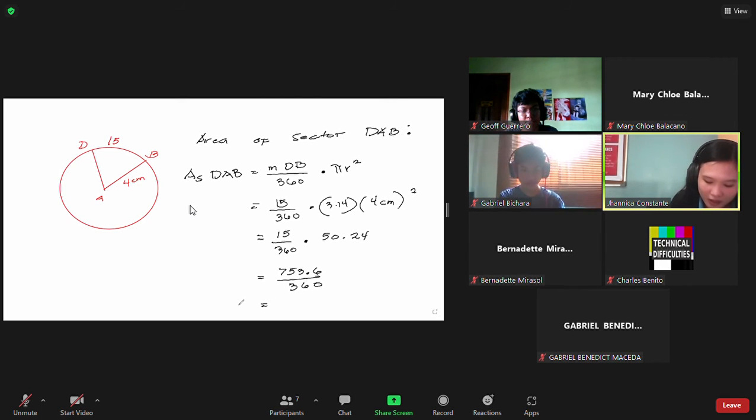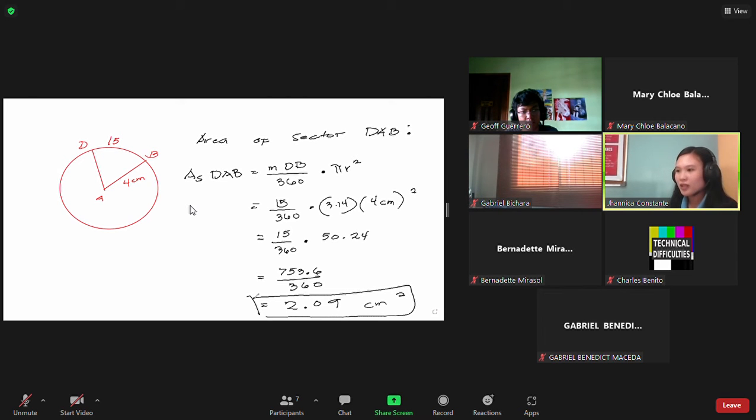So the area of our sector is 2.09 centimeters squared. So that's the area of the sector that we have in the circle, given that its radius is 4 centimeters and an arc which is 15.